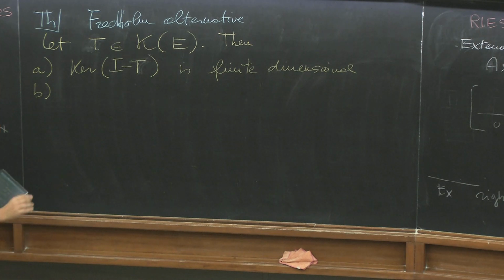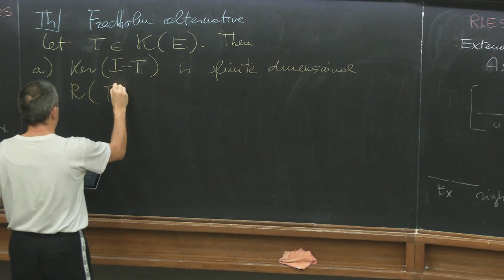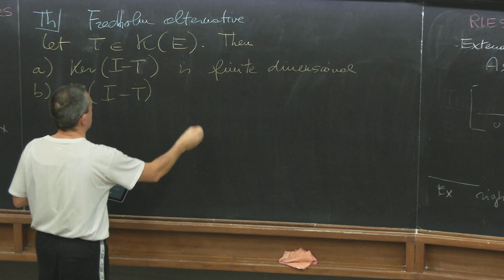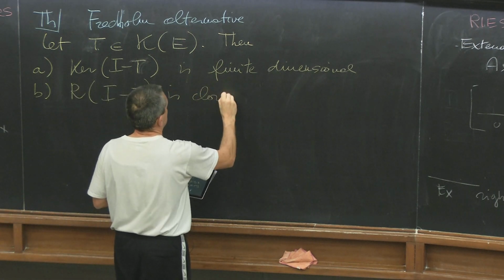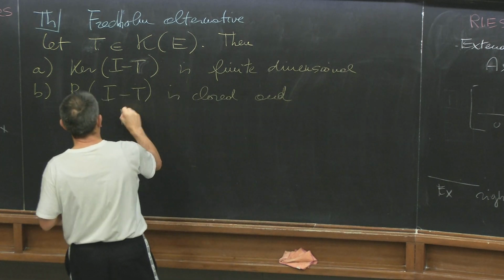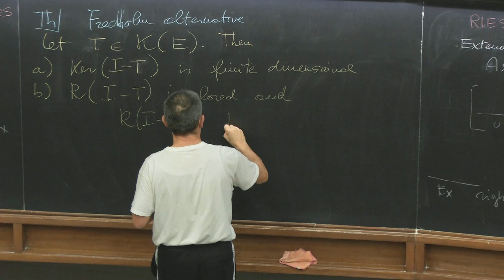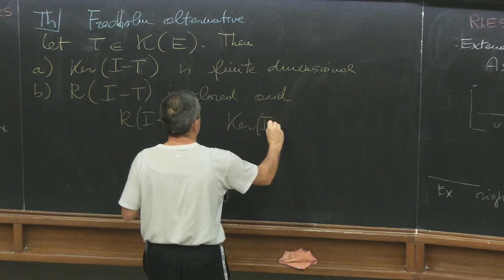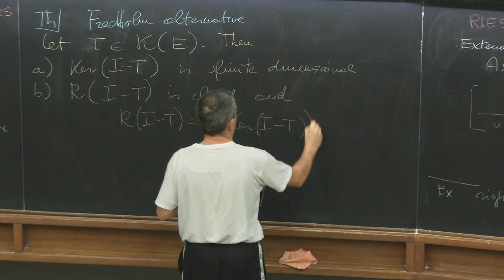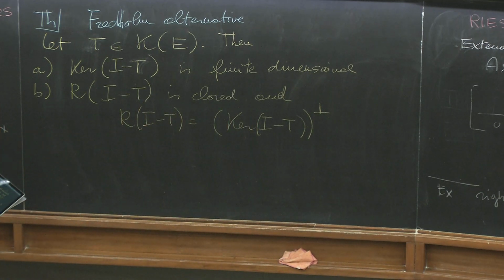So we decided here just to stick with bounded, and then probably we will have a digression on this. So the range of identity minus T is closed, and it holds that the range of identity minus T is equal to the orthogonal of the kernel of identity minus T.